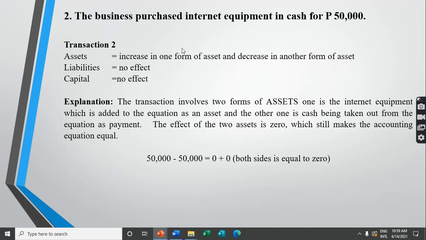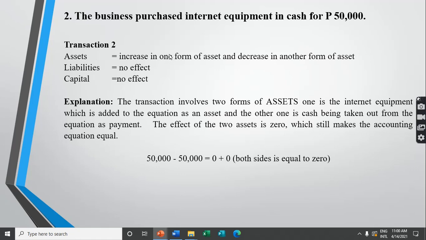So take note, bumili si business ng internet equipment na binayaran niya ng cash for 50,000. Ngayon, ang effect dun sa transaction is yung under asset, nag-increase ka ng asset. Increase in one form of asset. Meaning, may nadagdag sa'yo na asset mo, which is your internet equipment. Pero, nag-decrease ka in another form of asset kasi nagbayad ka ng cash.